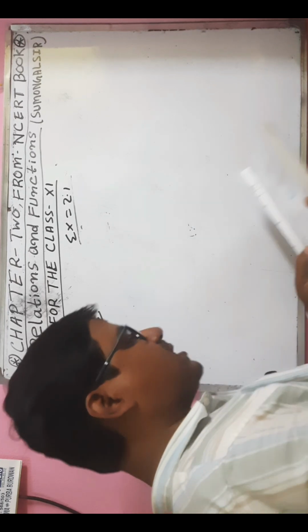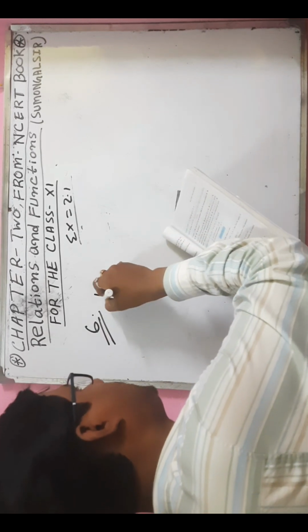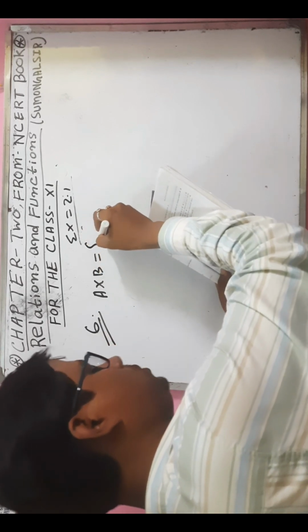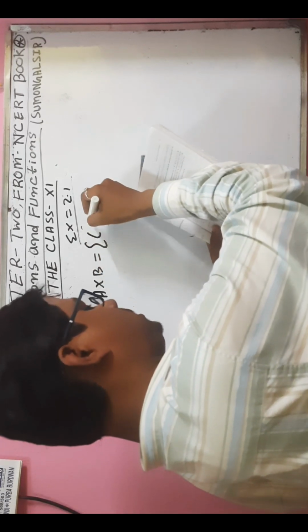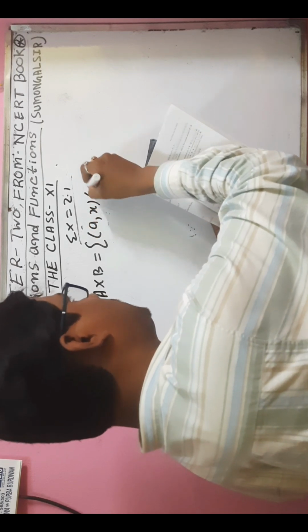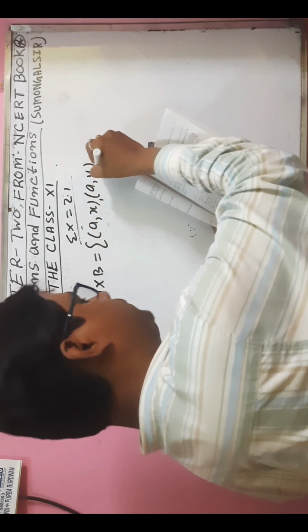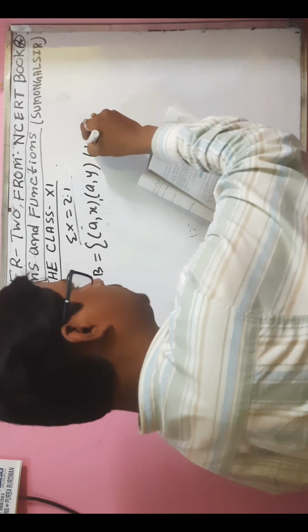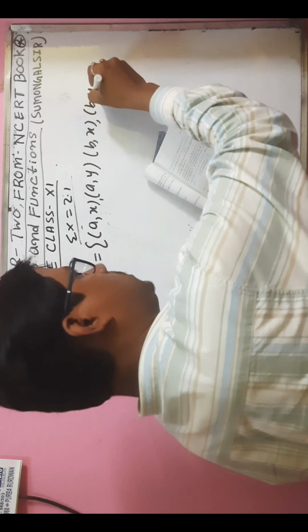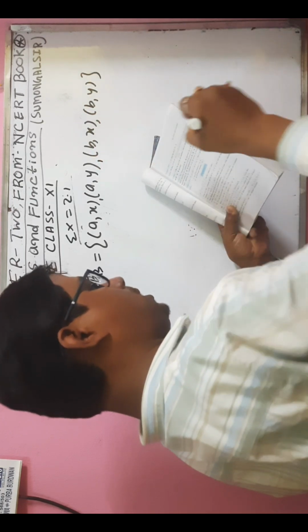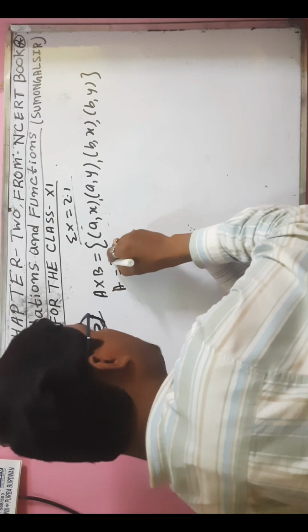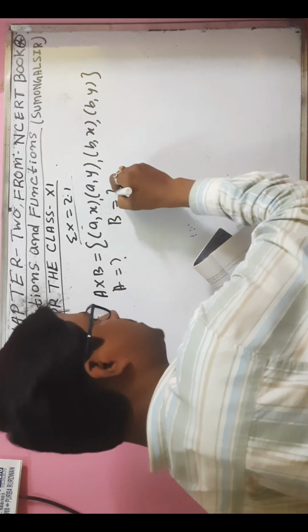Question number 6 says that A cross B is equal to the given elements. Then find the sets A and B.